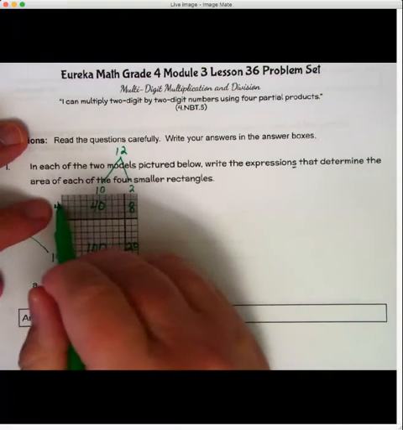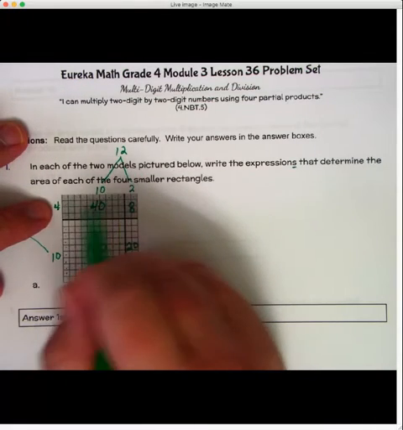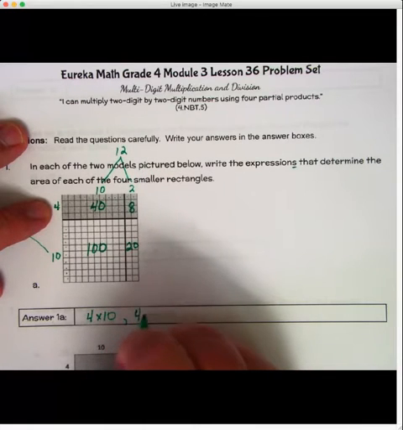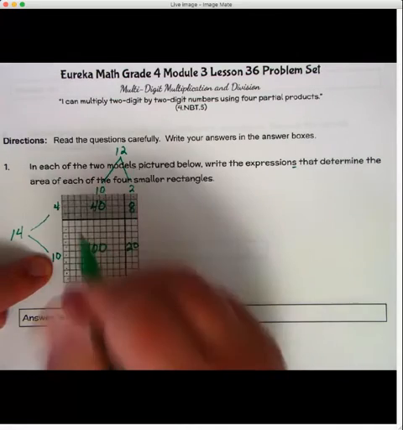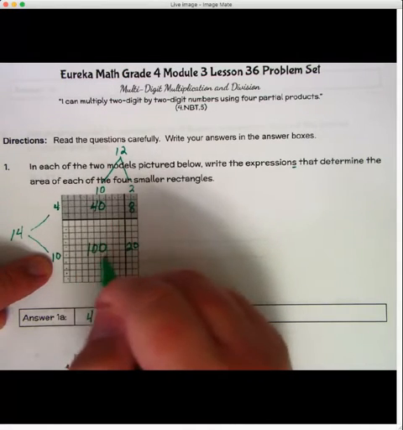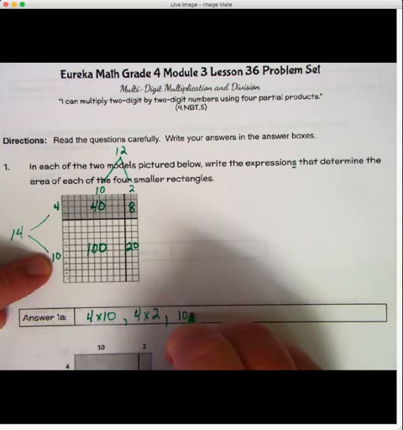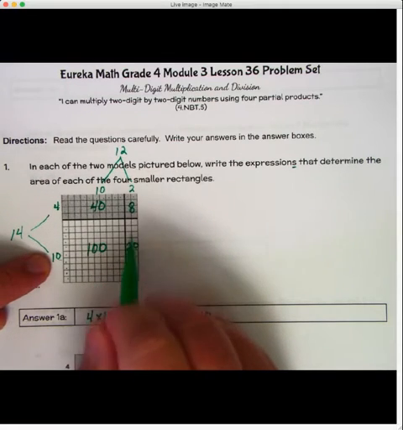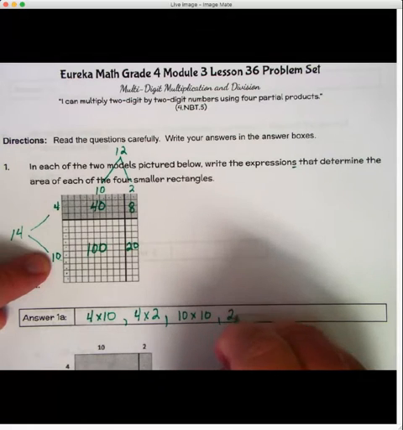We also multiplied 4 times 2, didn't we? 4 times 2. Okay. And then we move down here. We multiplied 10 times 10 to get 100 here. And we also multiplied 10 times 2 to get 20 there.